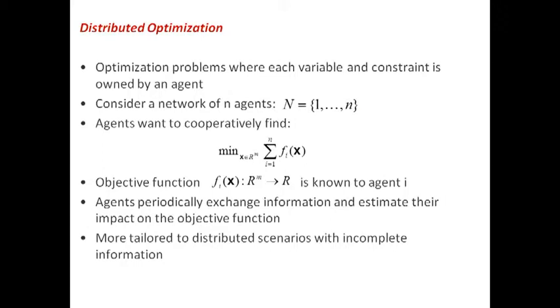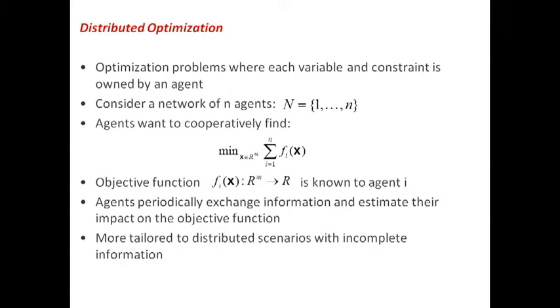So these are functions from the m-dimensional vector x into the real numbers. So you're ultimately trying to minimize some scalar value. But each of these functions is known by a different agent, and they are trying to optimize a common objective.